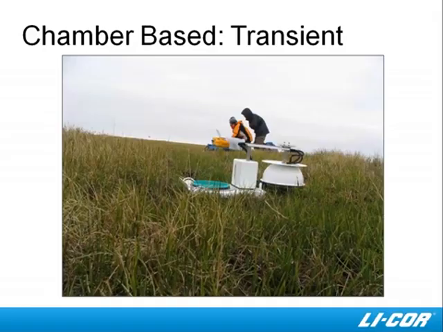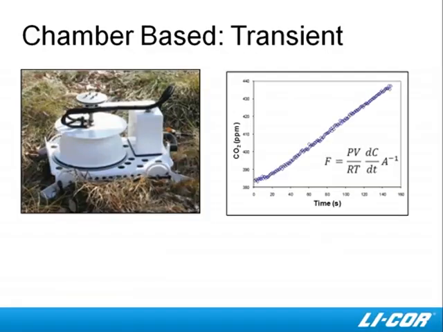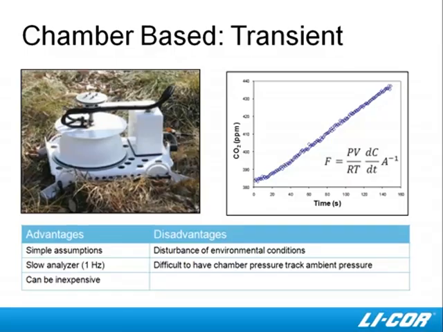So our other chamber-based approach is a transient or closed system. Similar to an open system, you would close over an area of the soil with your chamber, but rather than actively flowing a gas stream in and then exhausting it out, you continuously circulate the same gas stream through basically a closed system between an erga and a chamber.